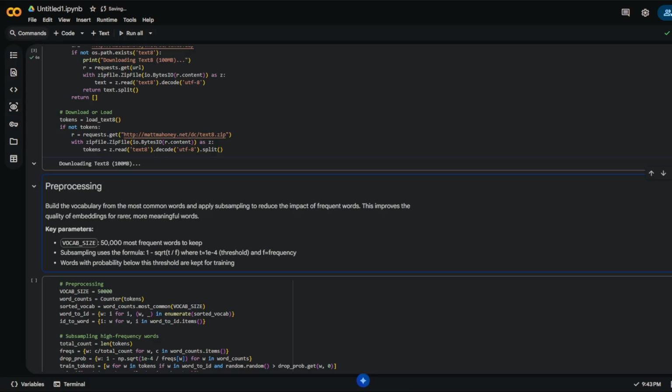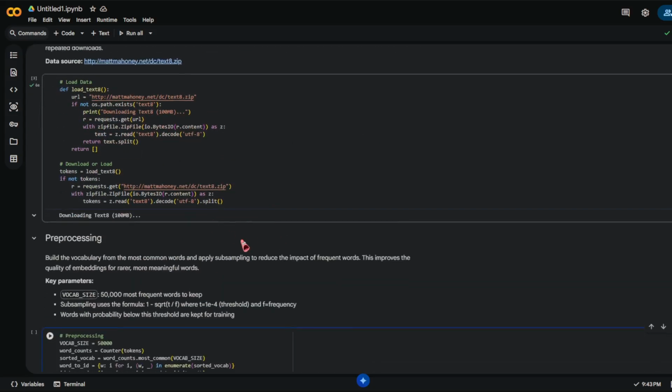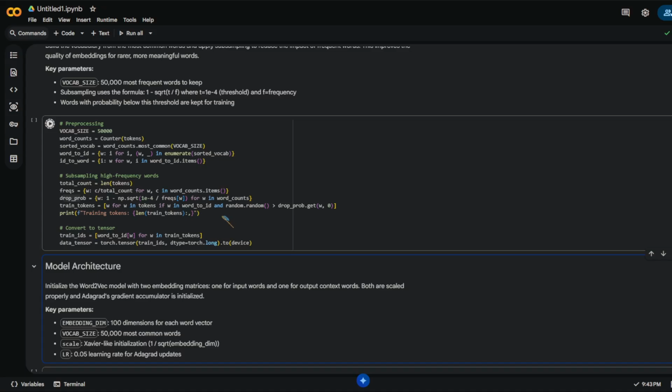So I implemented subsampling here using the drop probability. This formula aggressively deletes frequent words, leaving us with a training set of about 8 million high-quality tokens focused on semantic meanings. Okay, once we've done that, let's run the cell.